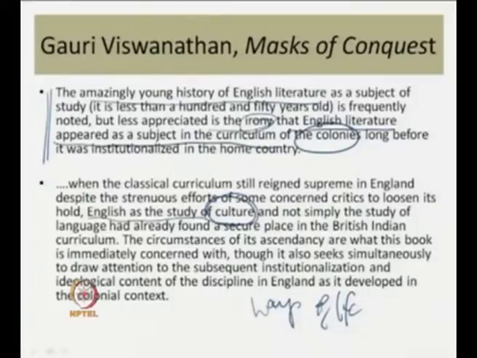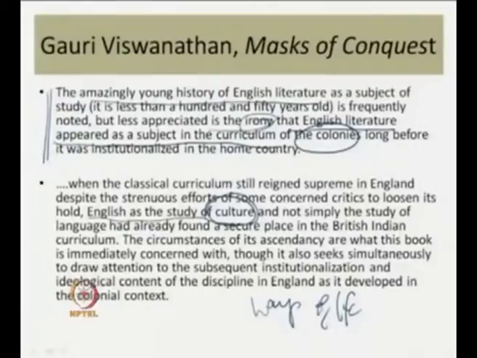Further, the circumstances of its ascendancy are what this book is immediately concerned with, that is Masks of Conquest. Its prime concern is this particular phenomenon, that is the British Indian curriculum, and the very interesting and important, say, political phenomenon of beginning to teach or include English literary texts in education in India.